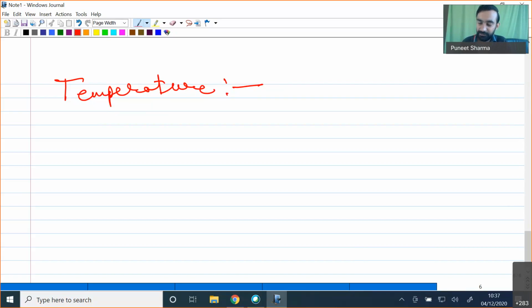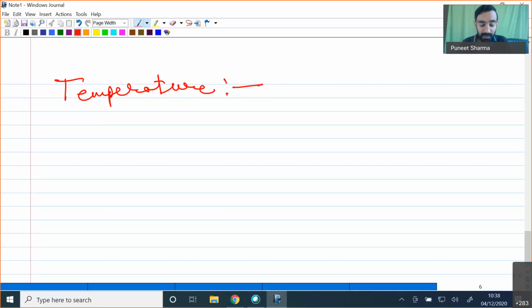And if we touch a block of ice, we say it is of low temperature. So in a general sense, temperature represents the degree of hotness or coldness of some substance, whatever we are analyzing.